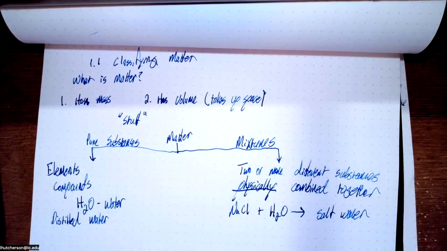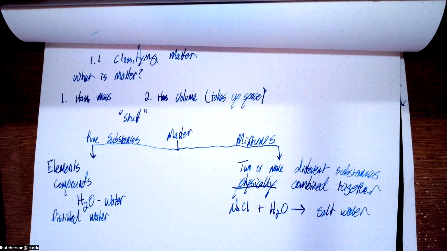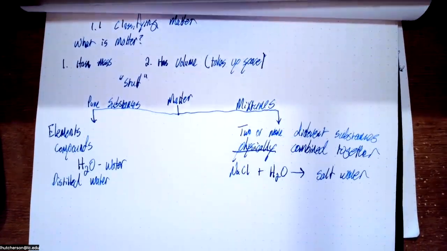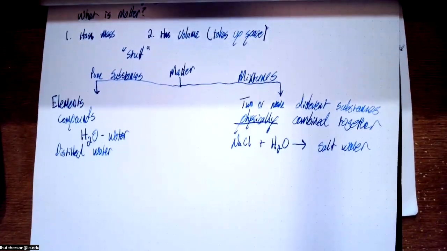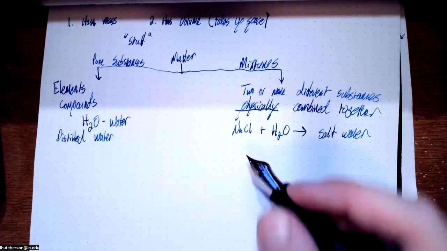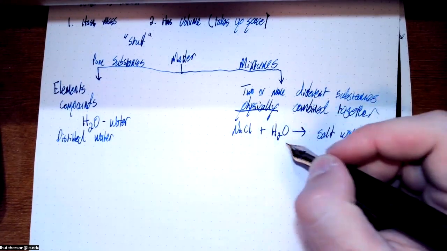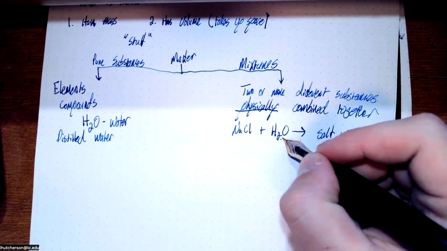Put enough salt in it, I call it brine. But that is a really common mixture. Okay. Most of the things that you encounter on a day-to-day basis are mixtures of some form or fashion. Now, when we talk about a mixture, though, we can further classify that 2 different ways.